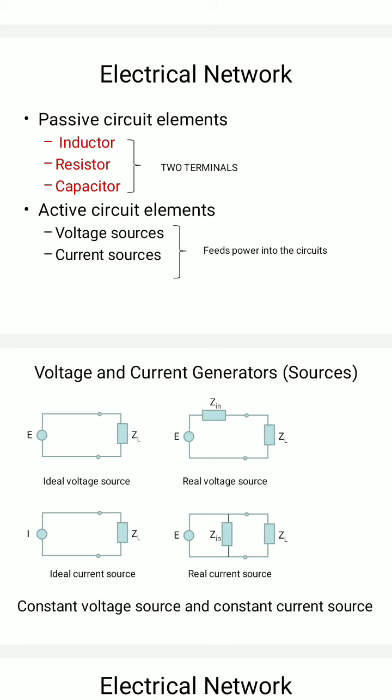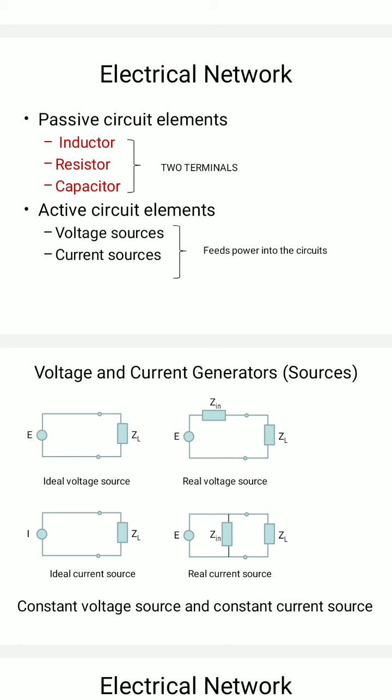So I is the current source which gives a constant current supply, and in a real current source the total current will not be passing through the load resistance. Some current will be passing through the internal resistance, so a little bit less current will be passing through the load resistance.